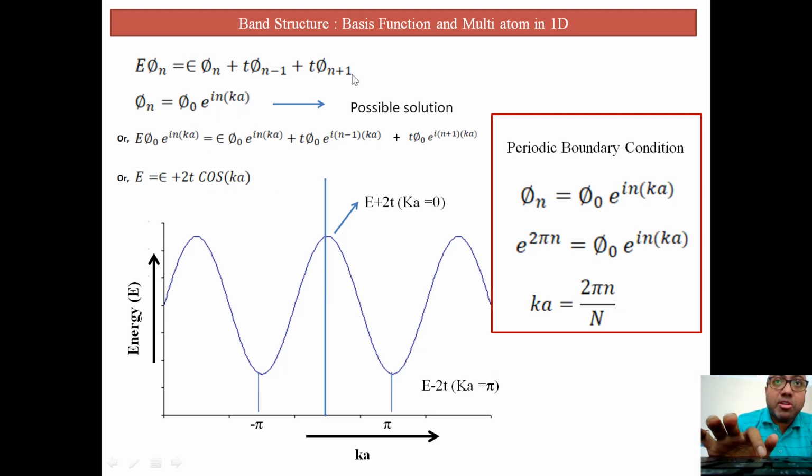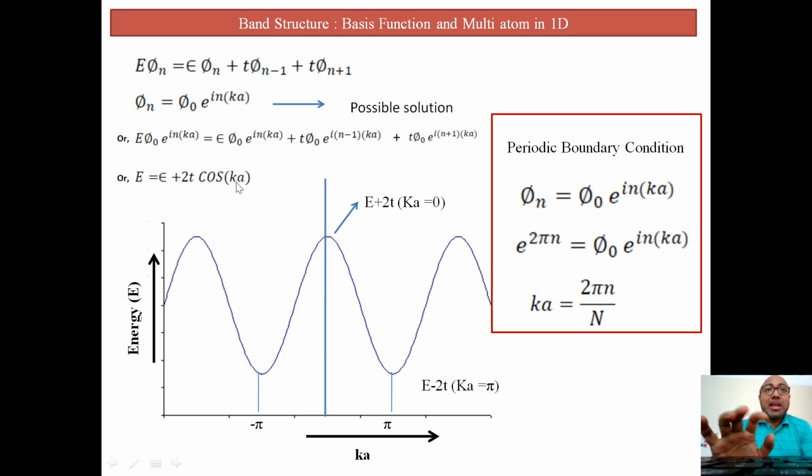You take a possible solution and feed it back into the main expression, E times phi n equals e to the power i n k plus epsilon times phi n. All these things you put in, then the i n k cancels out, so you ultimately get E equals epsilon plus 2t cos ka. Now you have a relation between energy and K.